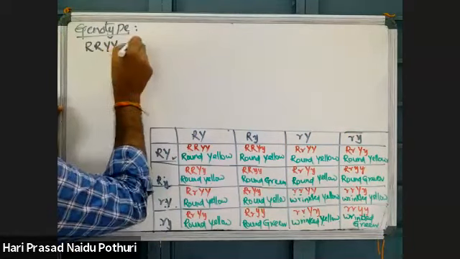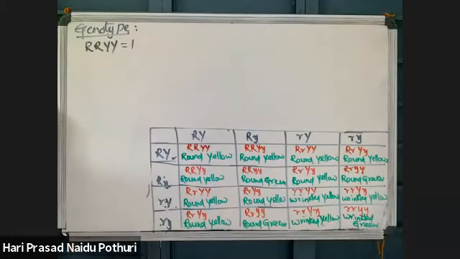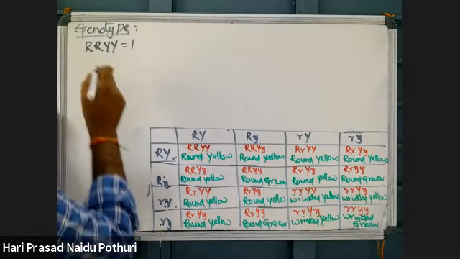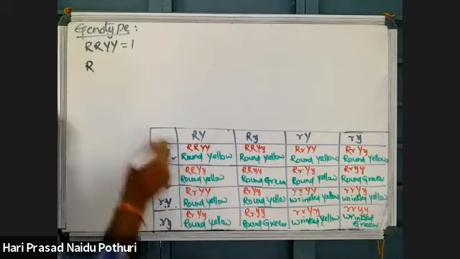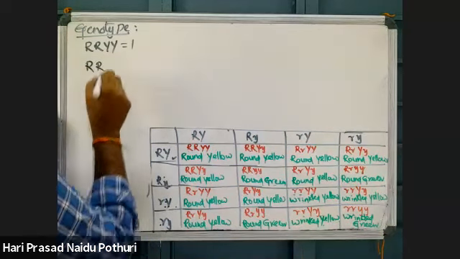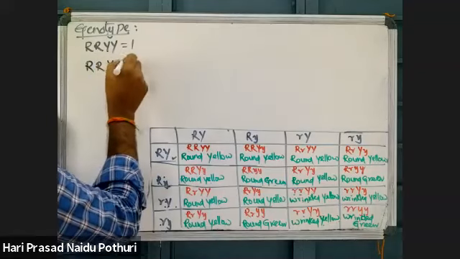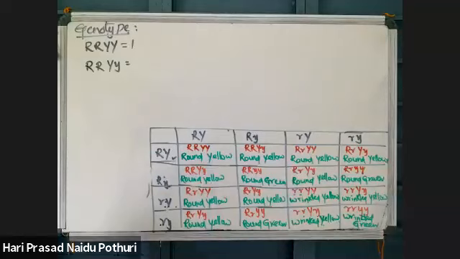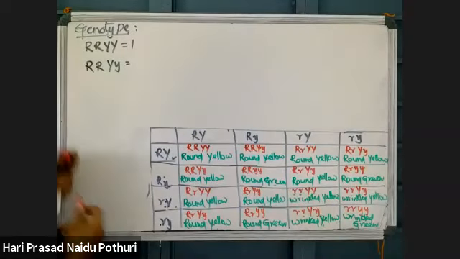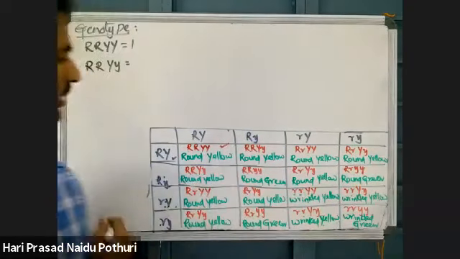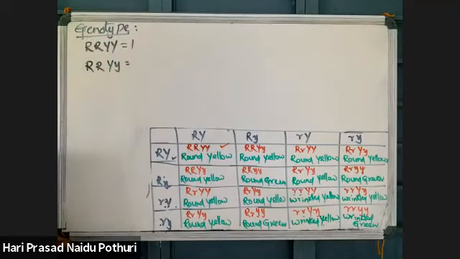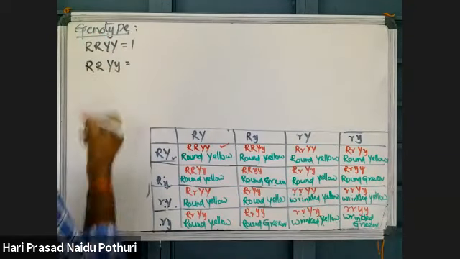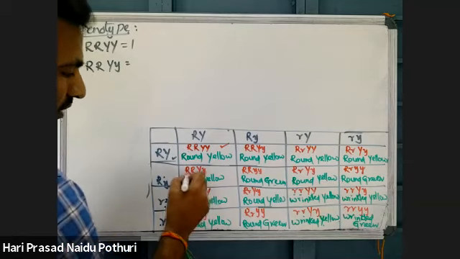No chance, only one. Then capital R, capital R, capital Y, small y. I will give tick marks for completed ones. This is complete: capital R, capital R, capital Y, capital Y. Next one, capital R, capital R, capital Y, small y.